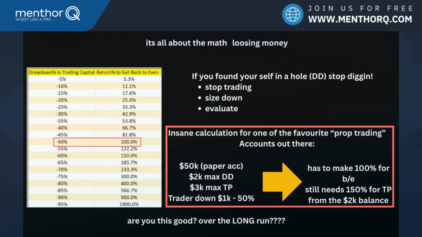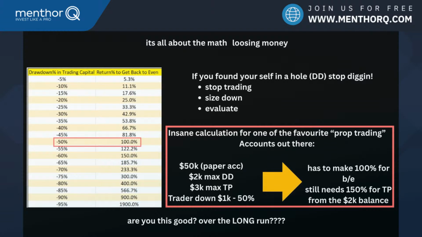I think those numbers are from TopStep, if I remember right, and it's insane because if you lose 50% of those $2,000, you have to make over 100% out of the $1,000 that is actually left in your account.